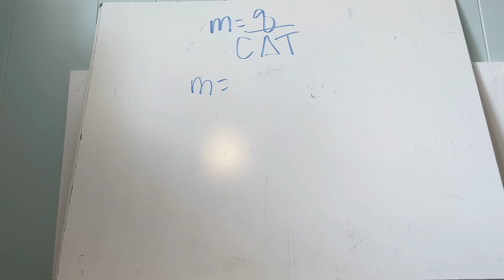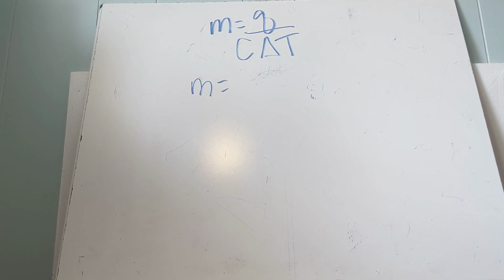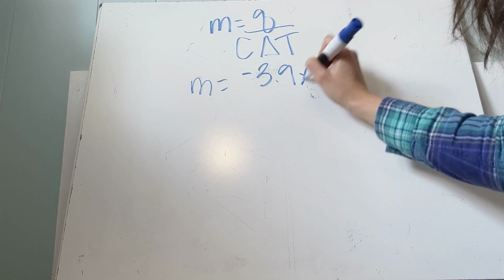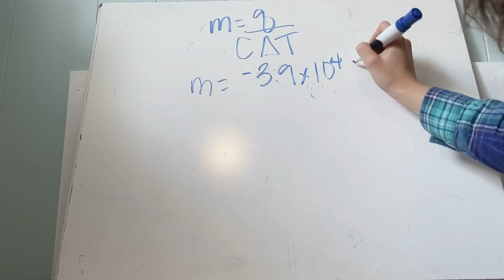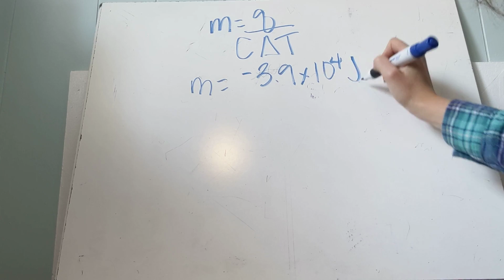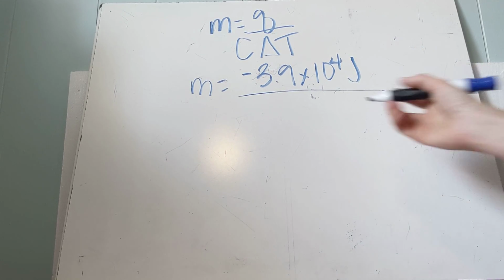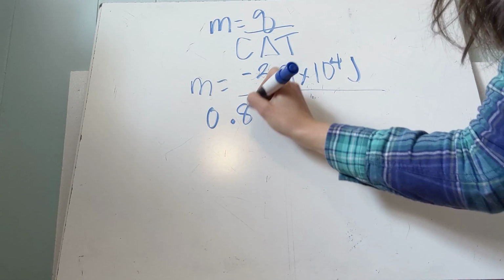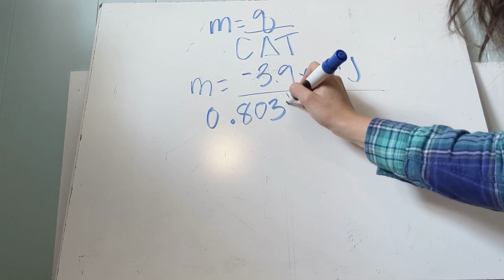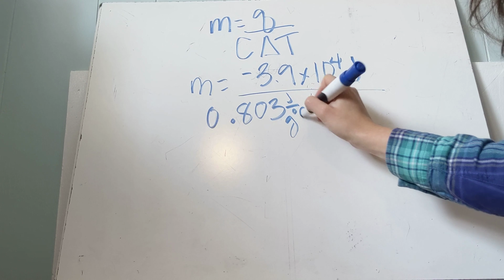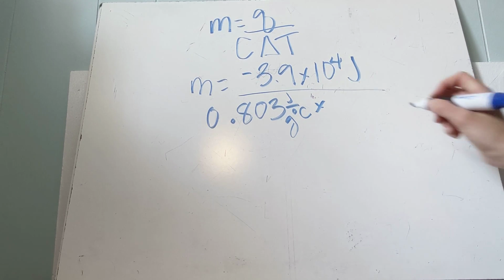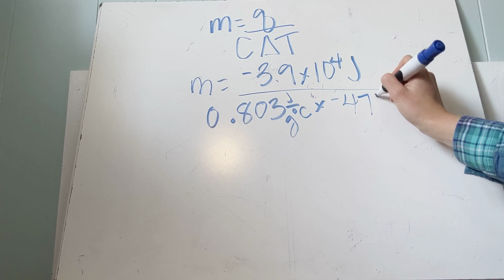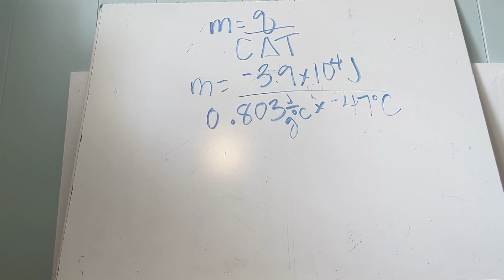M is equal to, and our Q was, remember, negative 3.9 times 10 to the 6th joules, divided by C was 0.803 joules per gram degrees Celsius, multiplied by our delta T was negative 47 degrees Celsius.